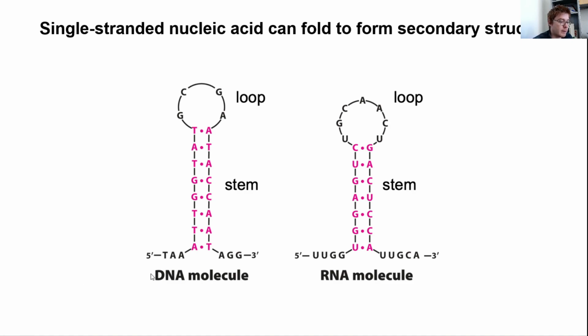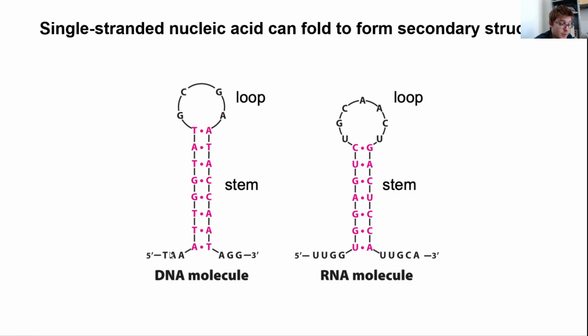So in the simplest example we can think of, we have a single-stranded DNA or RNA molecule here. And if the sequence is such that the structure were to fold back on itself and be able to form base pairing interactions, then you would get within a single-stranded structure regions in which there are base pairing interactions that would form helical secondary structure.